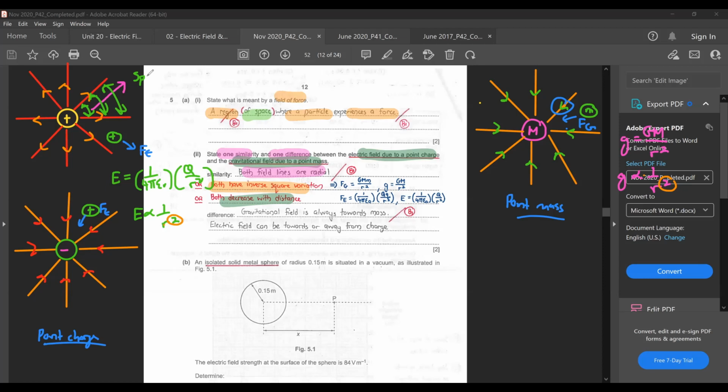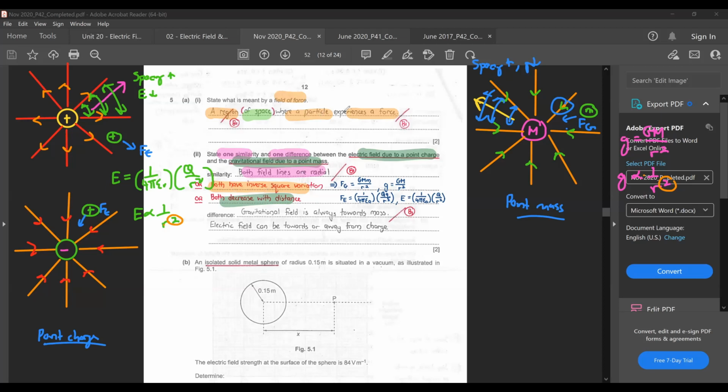So as spacing increases with distance, your field strength decreases for the electric field. The same could also be said for your gravitational field. If you go further outwards, notice that the separation between your field lines is getting larger and larger. So again, your spacing is increasing, so your gravitational field strength is decreasing. That's why you can say it decreases with distance.